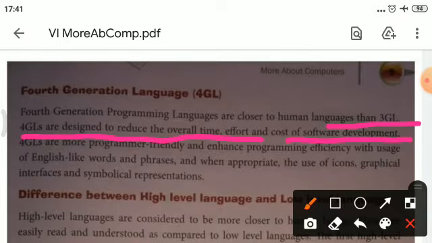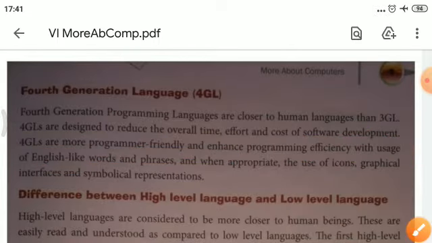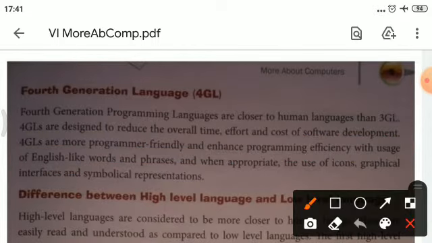And 4GLs are more programmer friendly and enhance the programming efficiency with the use of English like words and phrases, and when appropriate the use of icons, graphical interfaces, and symbolic representation.